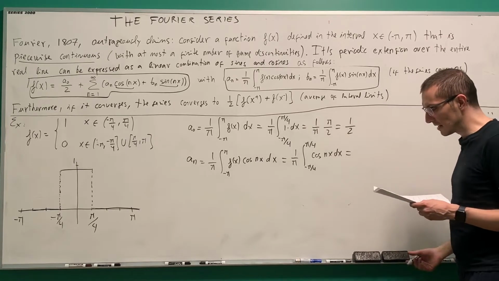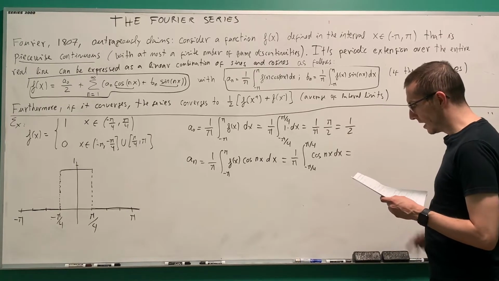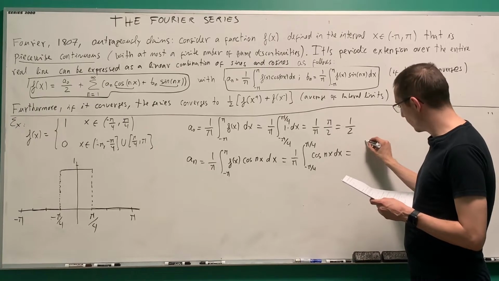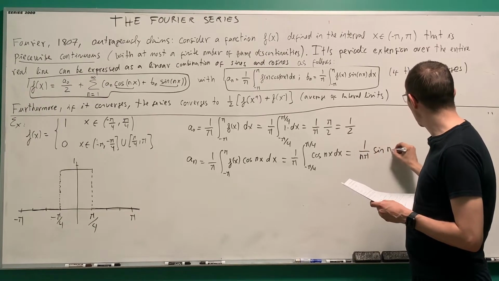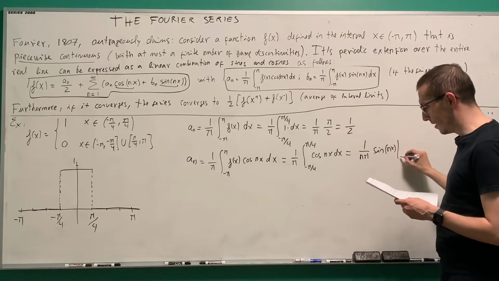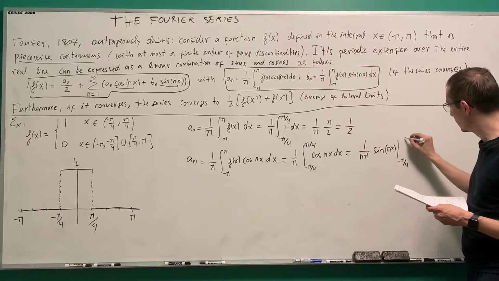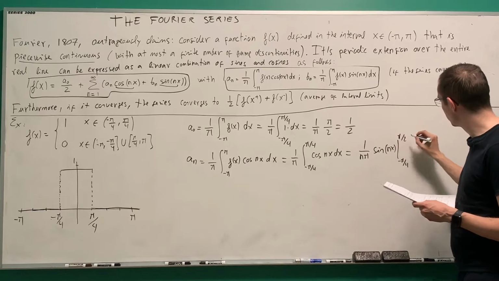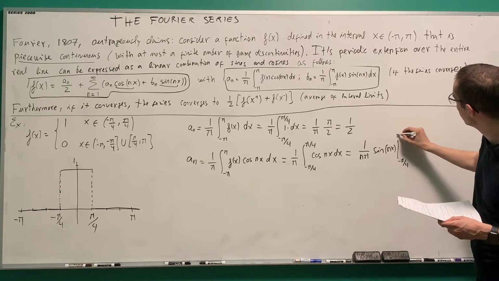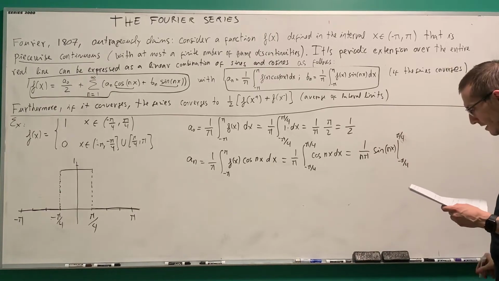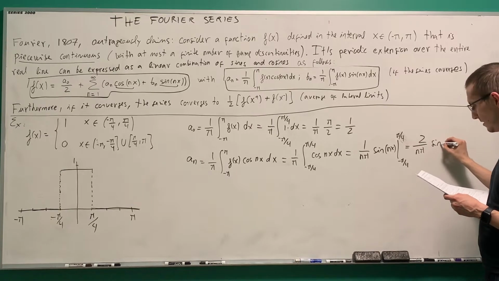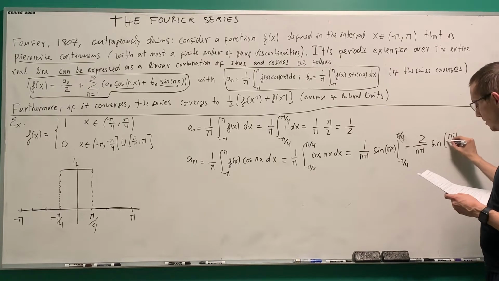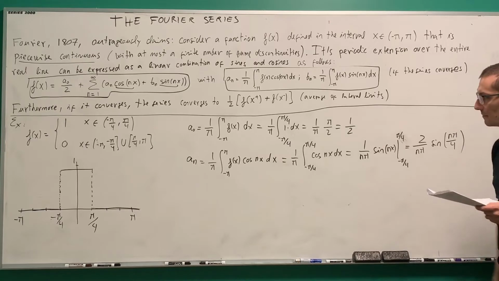All right, so that integral is very easy, because this is the integral of 1 over n pi sine nx evaluated from minus pi over 4 to pi over 4, and this thing is 2 over n pi sine n pi over 4. That's the AN.